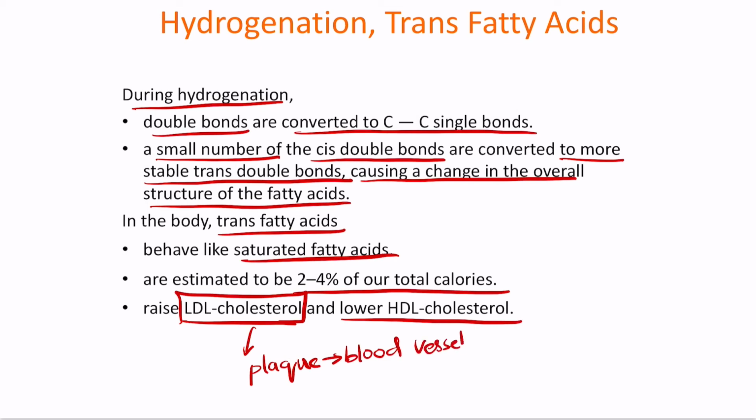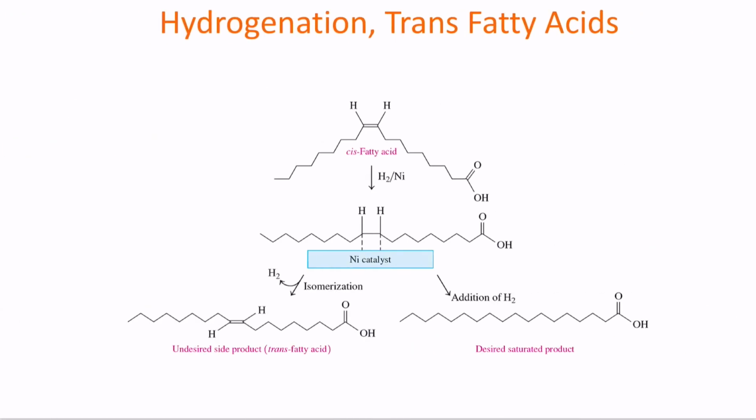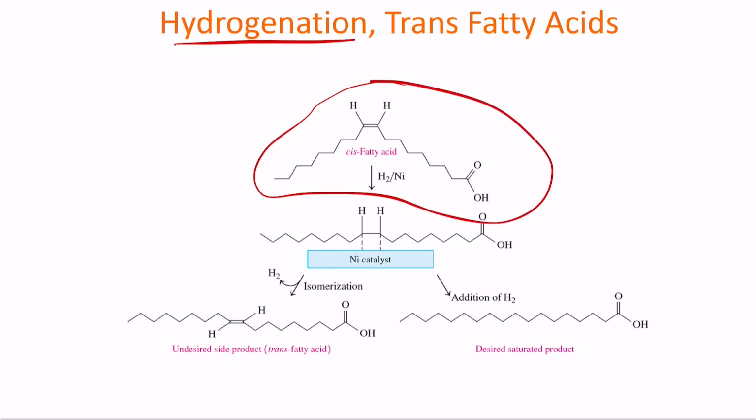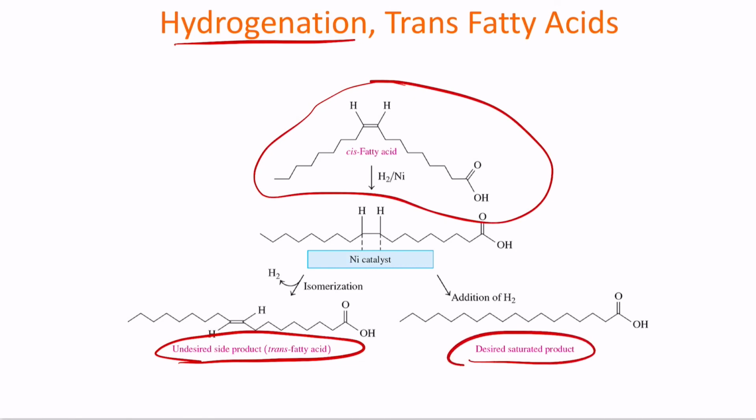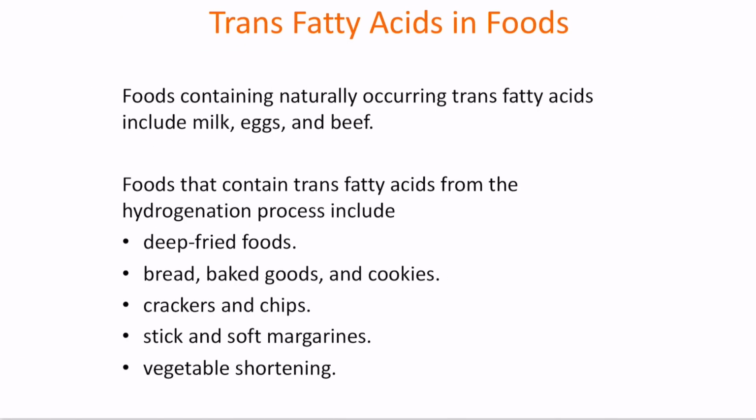The higher the amount of LDL cholesterol, the higher the risk of a stroke. This is the reason why you should avoid trans fats. The process of hydrogenation creates trans fatty acids, where the cis fatty acid under hydrogenation can create an undesirable side product, the trans fatty acid, and the desired saturated product.